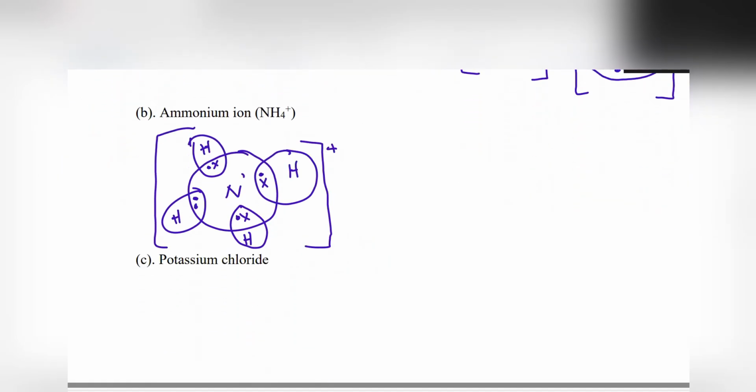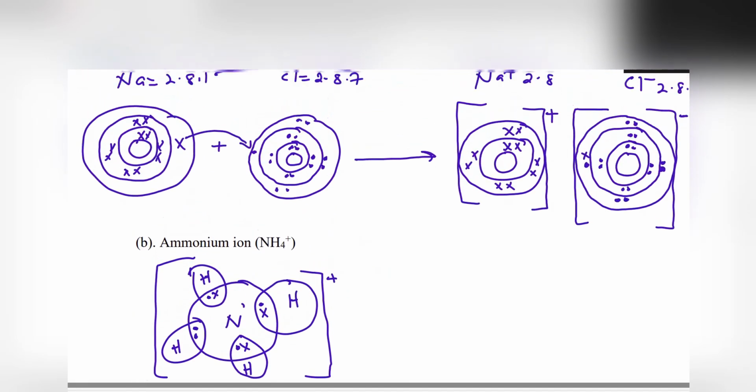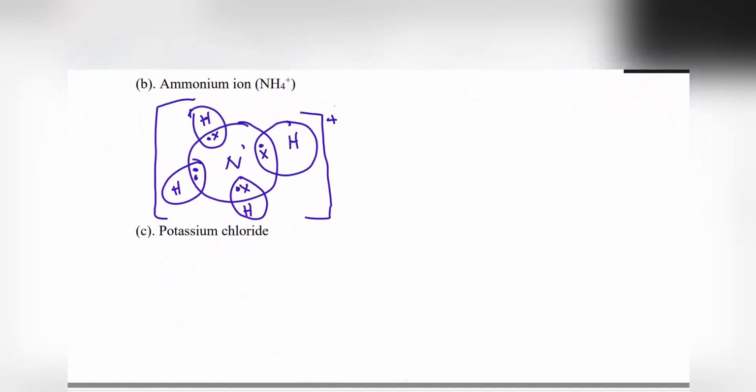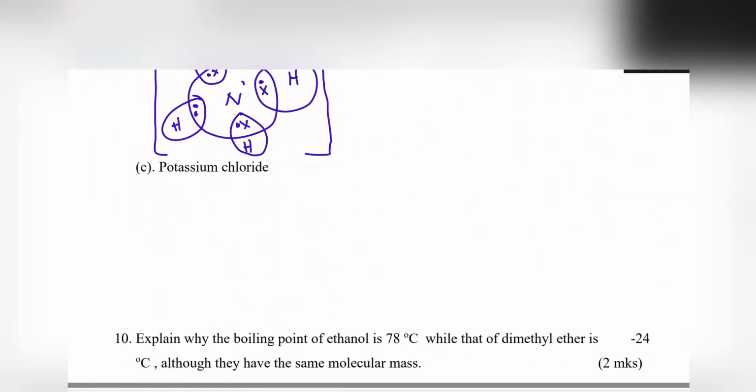Then we have potassium chloride, which is done the same way sodium chloride is done. So we are going to draw the structure of the potassium ion.